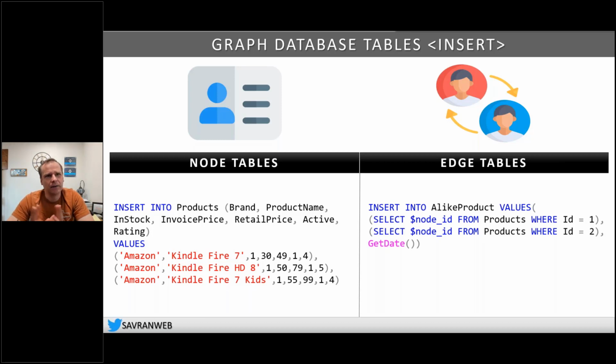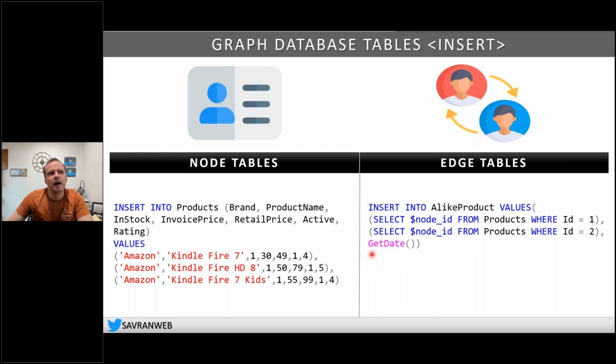Edge tables are a little bit different, because you need to tell which entities you are trying to create this relation between. So in here, for example, we are saying I want to get the node ID of ID1, which I'm guessing is going to be Kindle Fire 7. And I'm getting the product ID2, and I'm getting the node ID of that too, and that's the HD8.